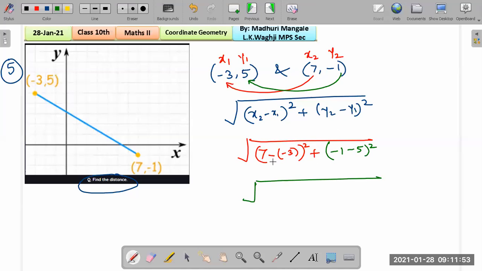Okay, so this will make it 7 plus 3, that is 10, and 10 squared is 100, plus minus 1 minus 5 will become minus 6, and minus 6 squared will be 36. Simplify to get the answer and submit your answers on the Zoom link.